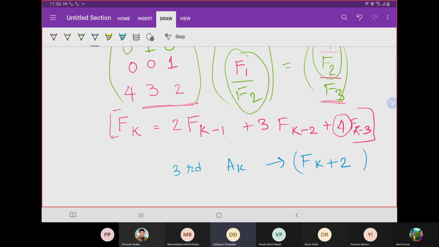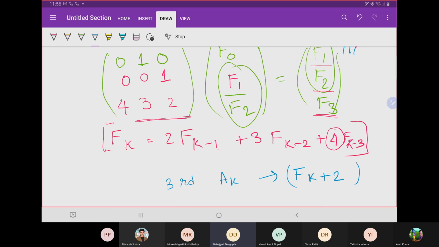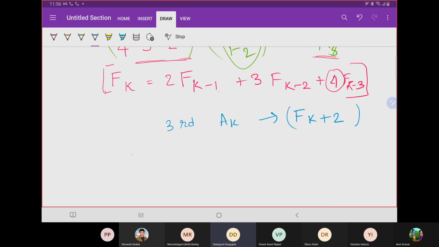So for A0, the third element is f of 2, that is f of 0 plus 2. Similarly for A1, the third element is f of 3, that is f of 0 plus 1 plus 2, that is 3.